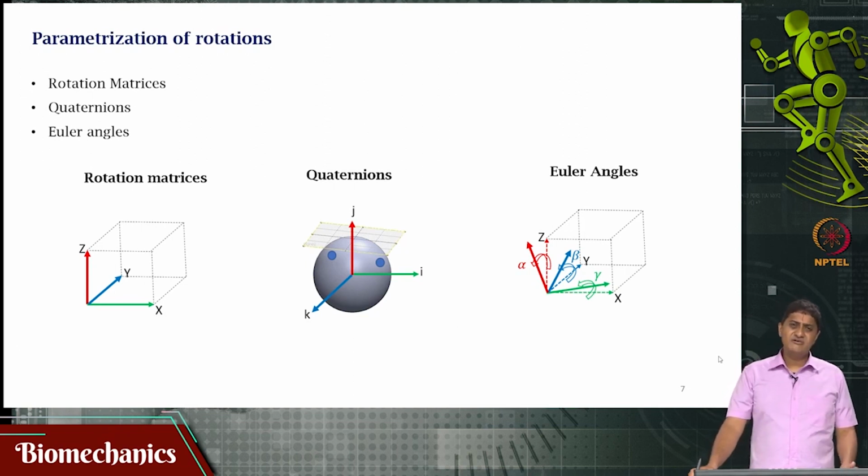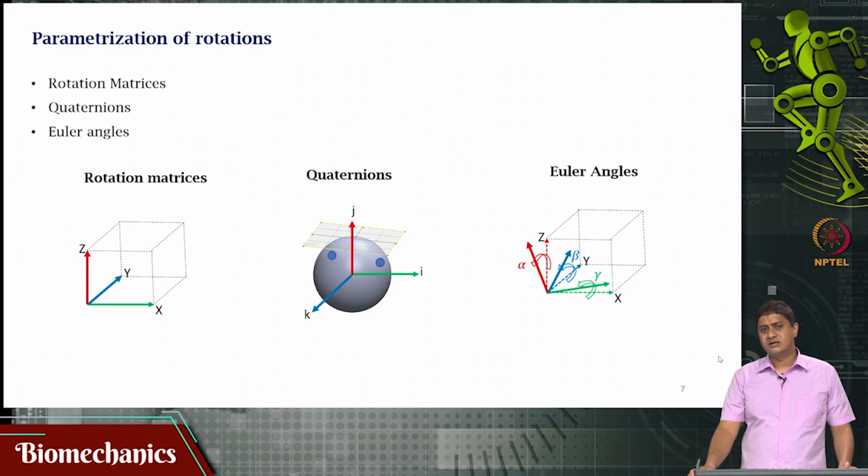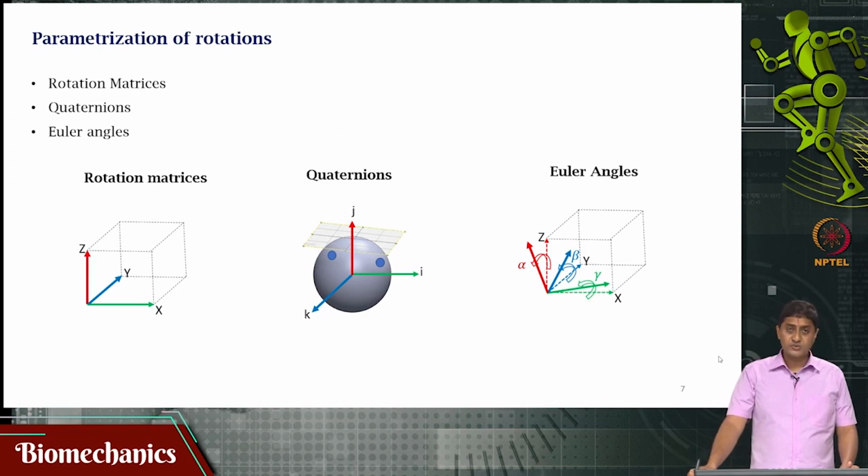Many systems offer a choice of which method you want to output your data in. That is, are you interested in getting this as rotation matrices, as quaternions, or as Euler angles? How do you make this choice? How do you know which one is which?